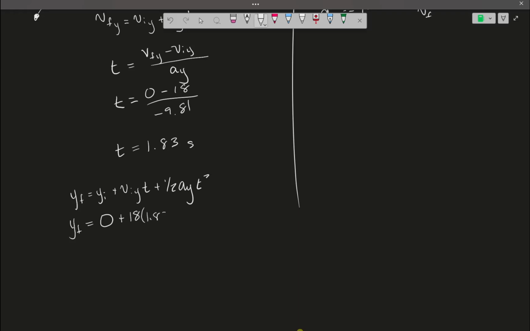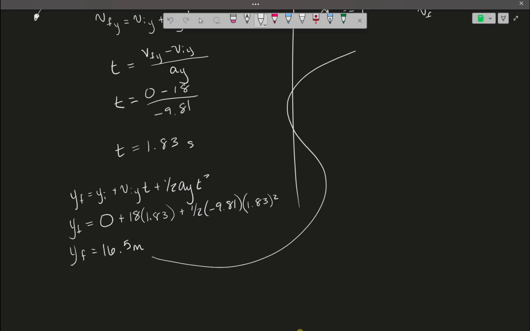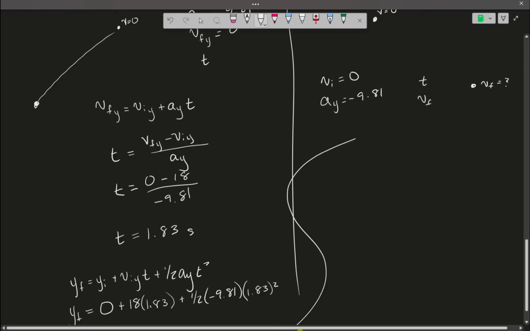It is traveling for 1.83 seconds to get to its maximum height, plus 1/2, negative 9.81, times the 1.83 squared. And this is going to give us that the height at that point in time is going to be 16.5 meters.